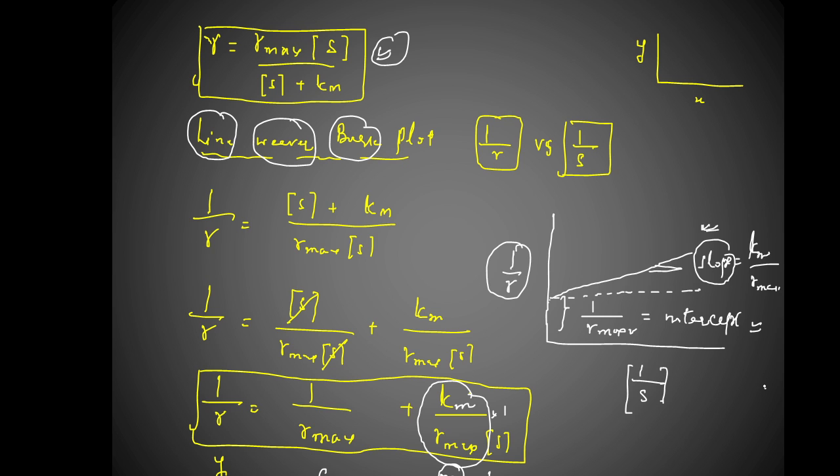Slope is equal to Km divided by R max, and the graph is of this type, plotted between 1 upon rate of enzyme catalysis versus 1 upon substrate concentration. This is actually the intercept, and this intercept is equal to 1 upon R max.